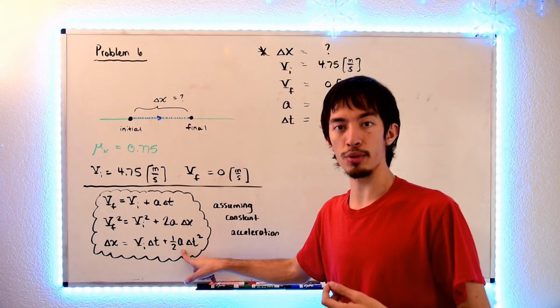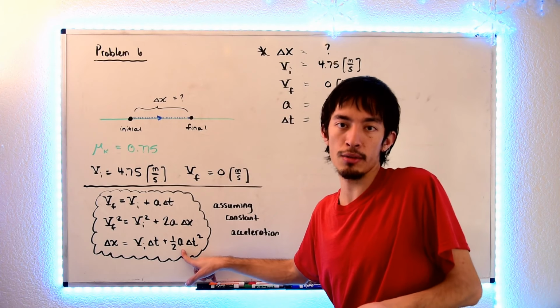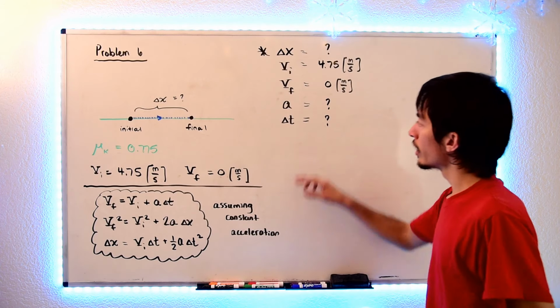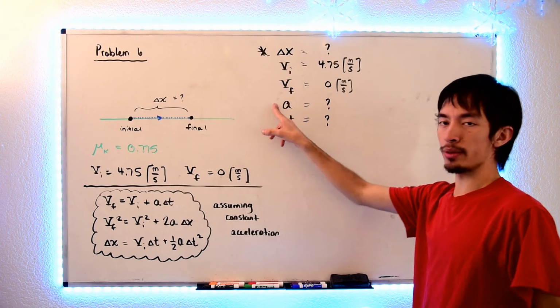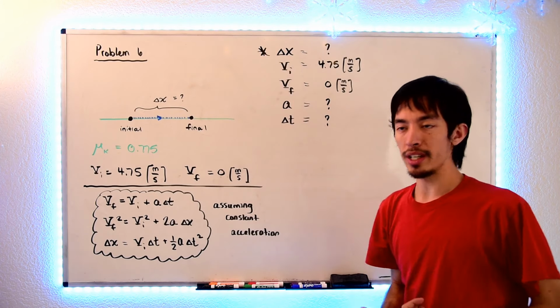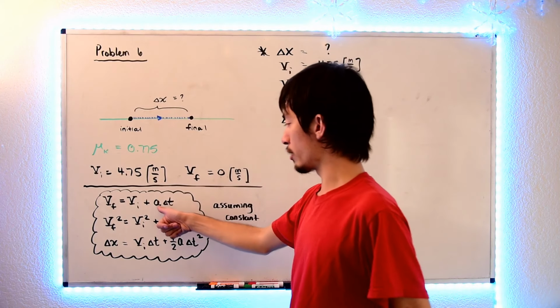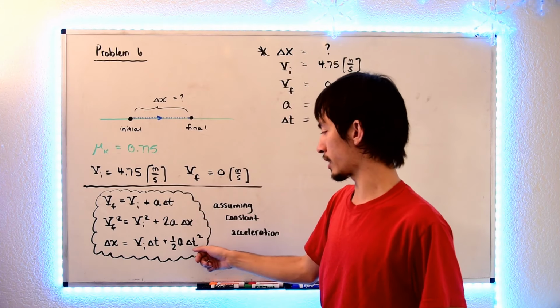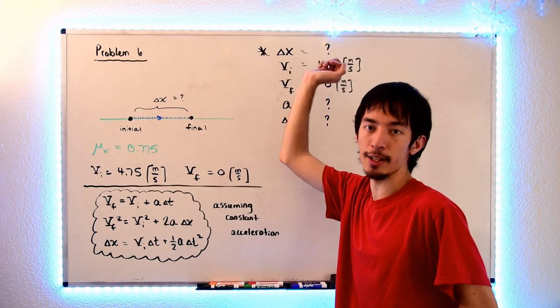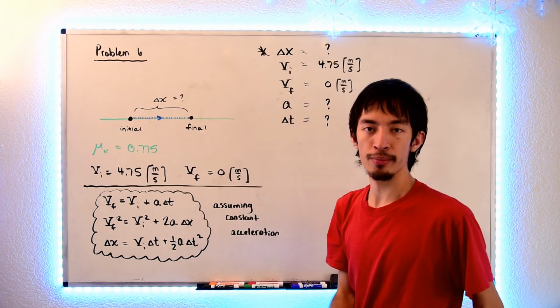In this problem, since we're not asked for the acceleration, we definitely need the acceleration to get anything else. So the acceleration is going to be a vital thing to get before we can get this. We have to find another way to get it, because if we try to use one of these equations to solve for the acceleration, we're not going to have enough information. There's too many things missing. So we have to go somewhere else.